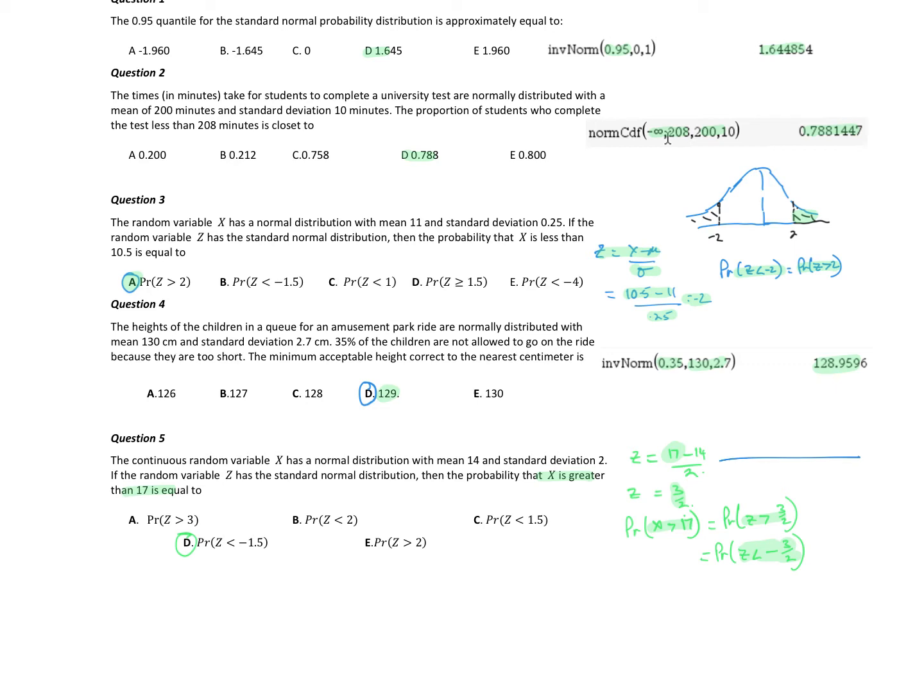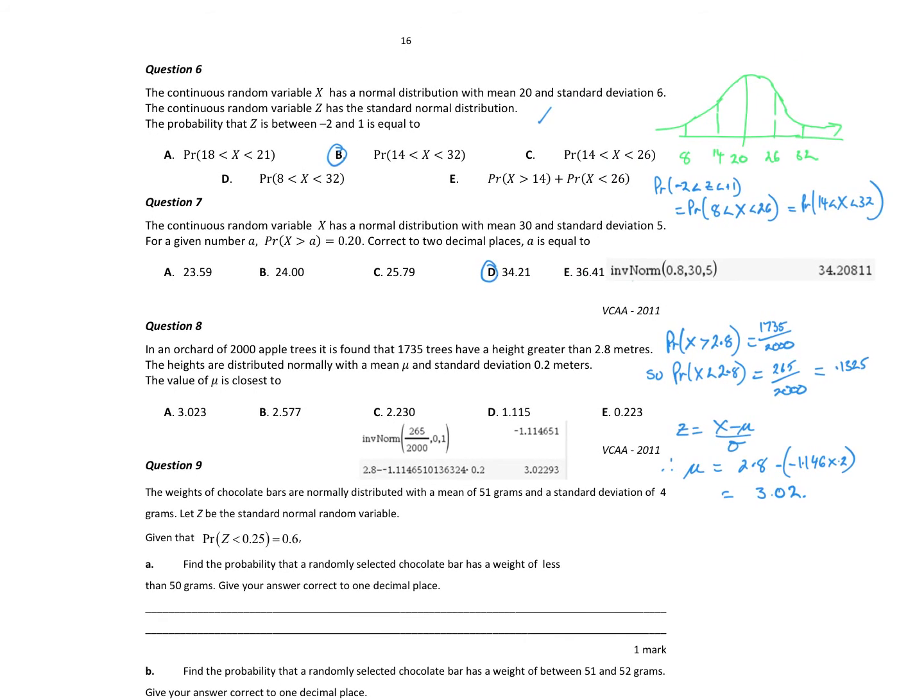So if we have our distribution there, 3 on 2 is that tail, and less than -3 on 2 is that tail. So Z less than -3 on 2 is also an equivalent expression, which is that one.